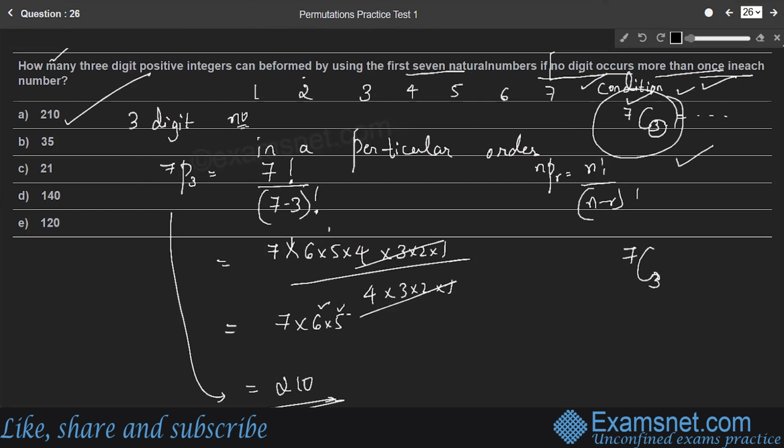All possible combinations means you can form a number like 122, which is also a 3-digit number in which the digit 2 occurs two times. Whereas in permutations, you have to form a number in a particular order. Therefore, 210 such numbers can be formed.